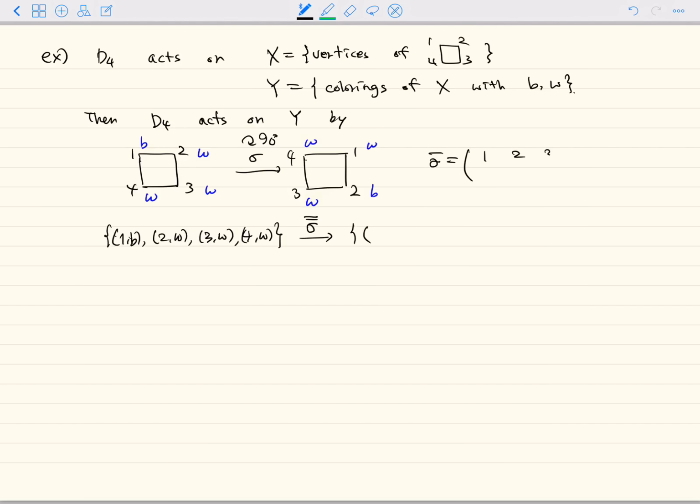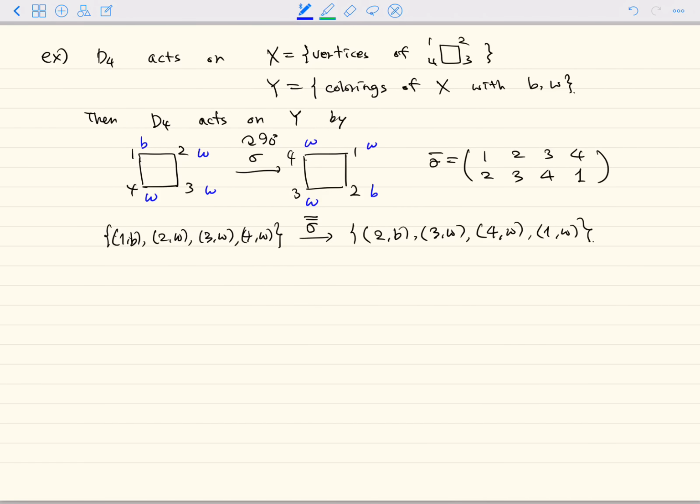It's a permutation of 1, 2, 3, 4. 1 goes to 2, 2 goes to 3, and then 4 and 1. So sigma of 1 is 2, so it's 2, B, and 2 goes to 3, so 3, W, and 4, W, and 1, W. Okay.